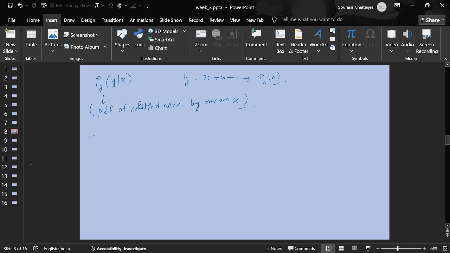Only unknown part is n, that is random, and it has some PDF. So when I am asked to find the likelihood here, that is p of y given x, y here is nothing but shifted noise which has a mean x, right? So this is the same as PDF of noise where y minus x given x.